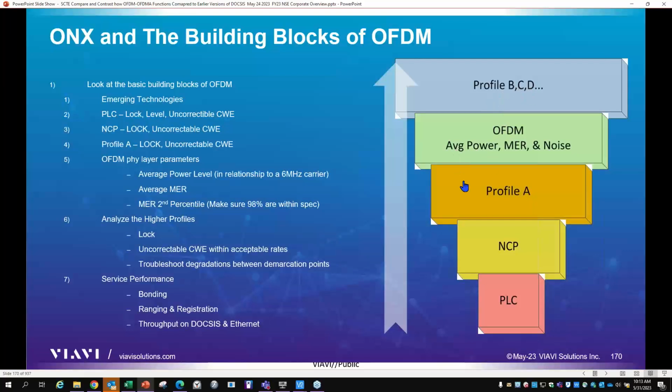A lot of questions come up: why not concentrate on power level? Well, power level is important. MER levels and the proper deltas are requirements. But you're going to find out that if the levels are really low, the PLC and the next codeword pointer can withstand a lot more punishment than some of these other profiles.